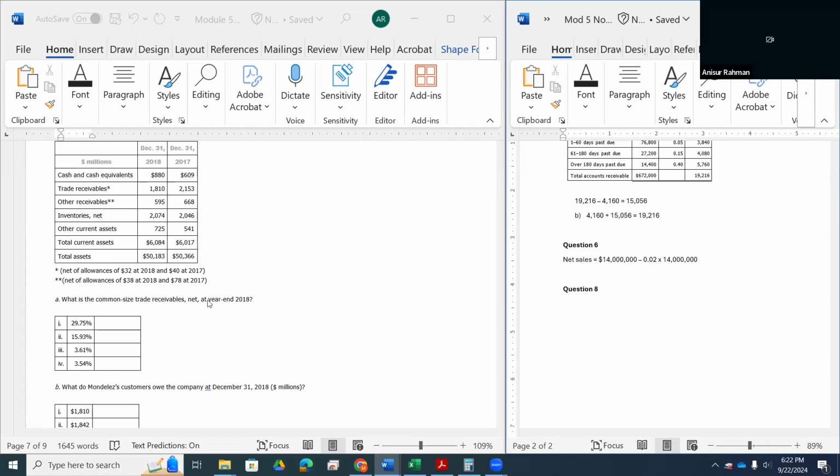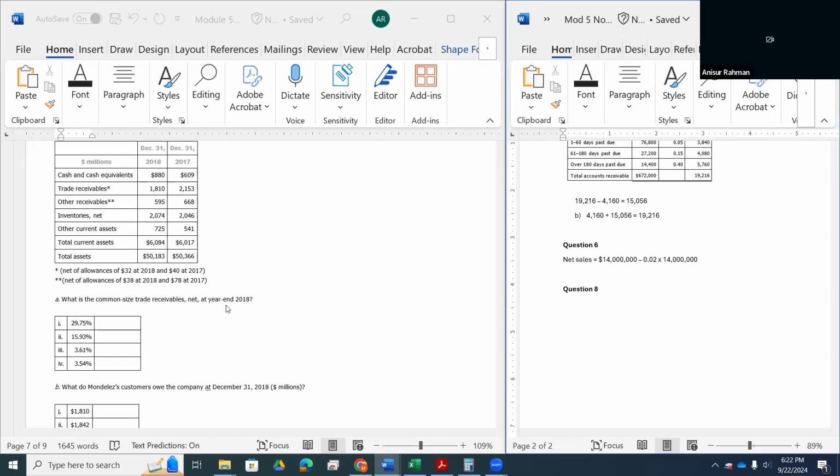In this case, it is total assets because it is a balance sheet item, and total assets is the total number for all assets, and trade receivables is one example of assets.